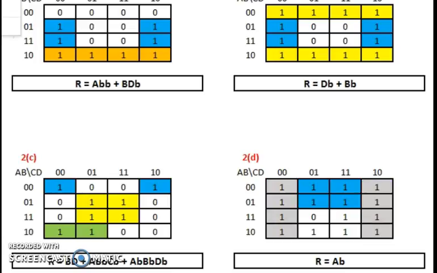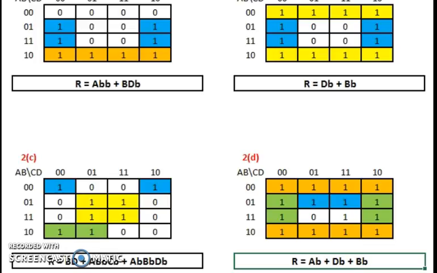So group them. I change them in green, so the output will become D bar. Okay, and then next group, this one and this one. Okay, I group them in orange, and the output will be B bar.